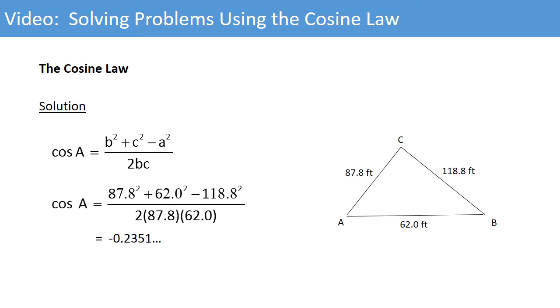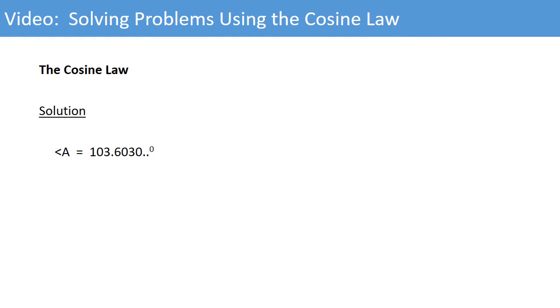Using your calculator, this is equal to negative 0.2351, and so on. That would give us the angle measure of A equal to 103.6030, and so on, degrees.